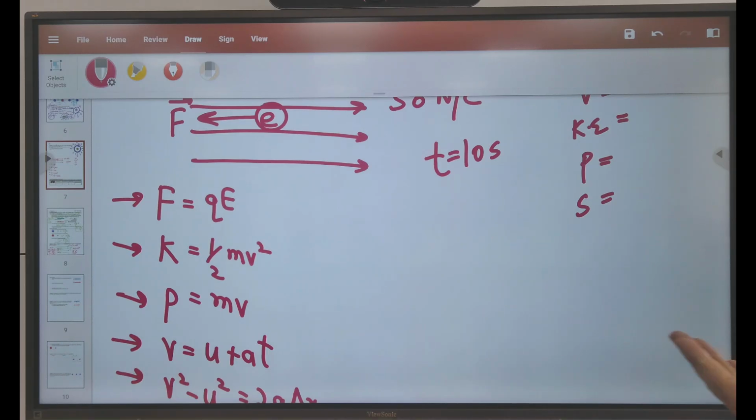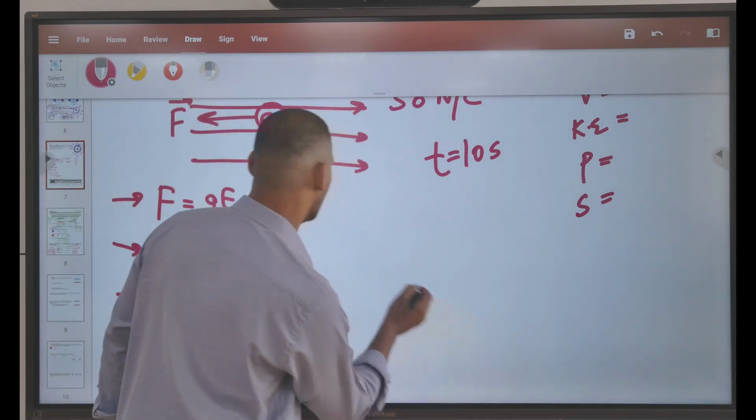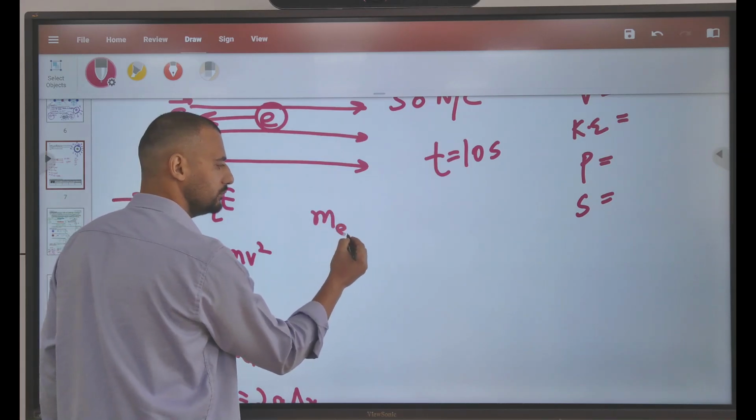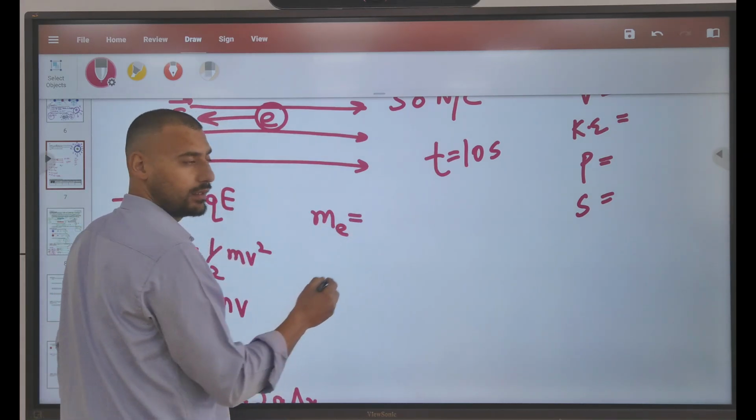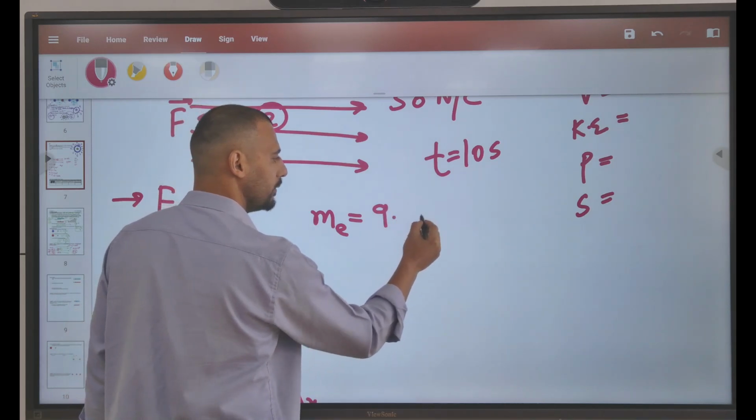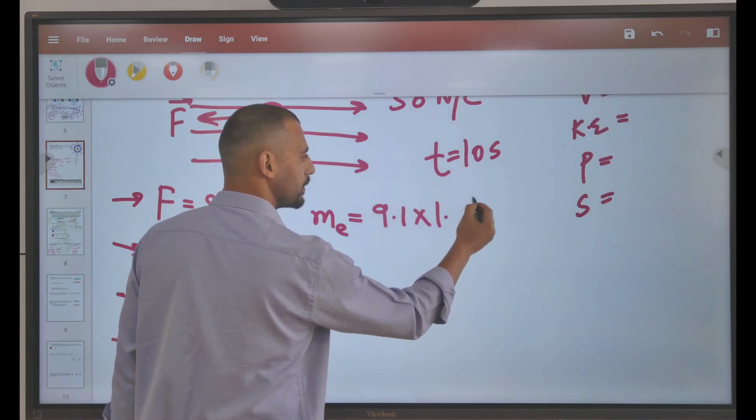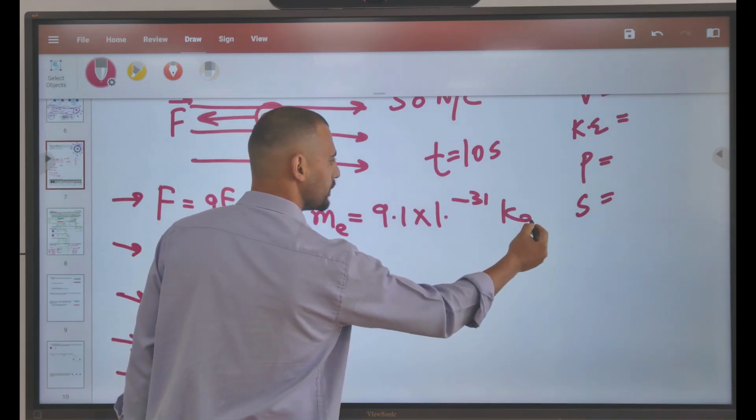See, this question is easy. Electron. Okay, the mass of electron is 9.1 multiplied by 10 to the power negative 31 kgs.